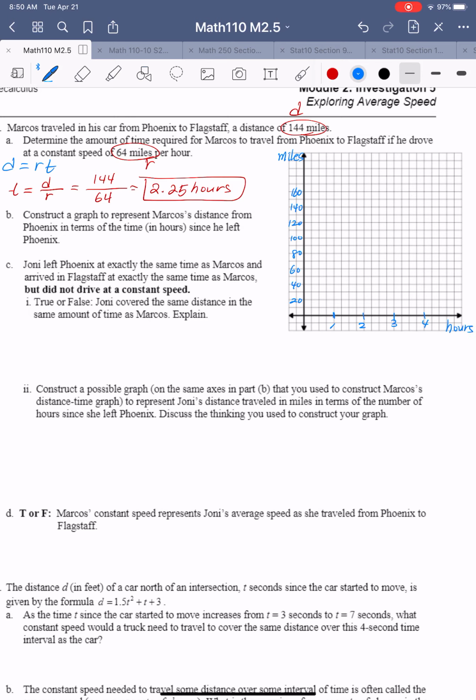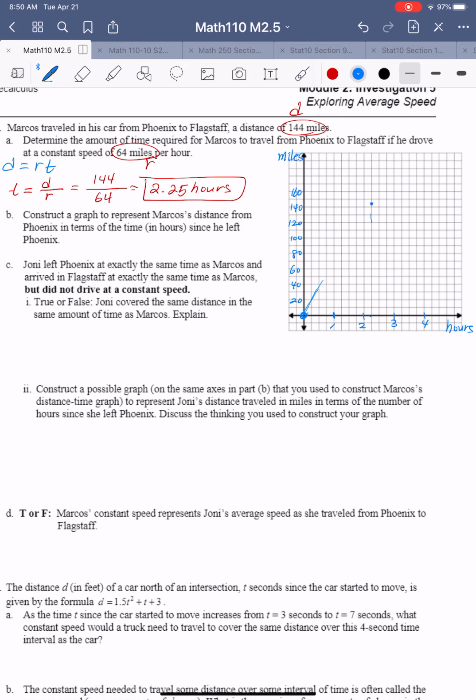Okay, so 0 hours, of course, is a 0, but it took 2.25 hours to get to 144 miles. So let's get the 144, 140, about here. So the dispersion is a constant rate of change.